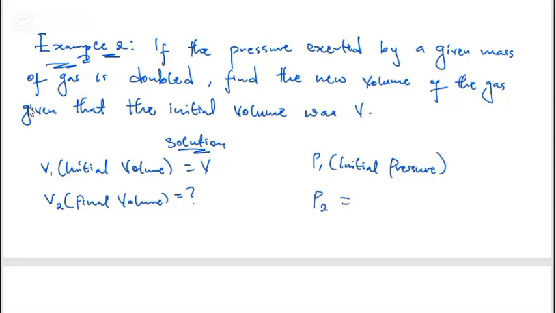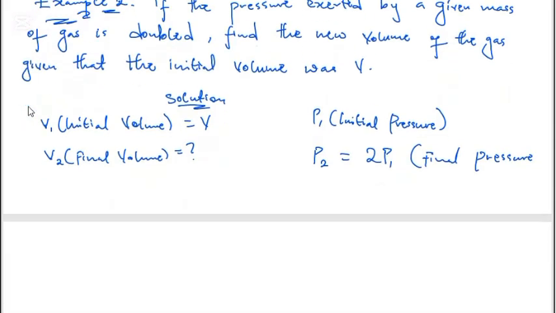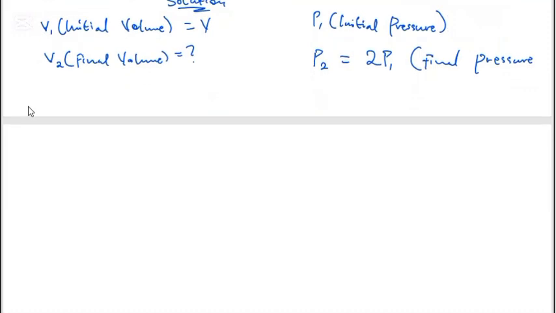Our P2 is equal to 2P1, because they told us that the pressure exerted by a given mass of gas is doubled, so our final pressure is 2 times P1. So what do we do here? They have given us everything we need.